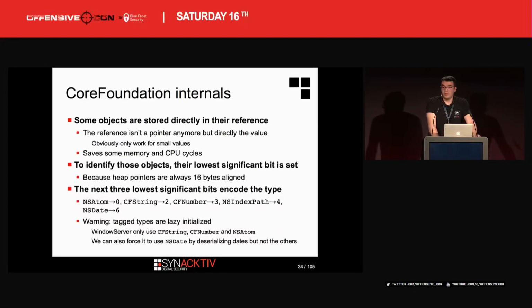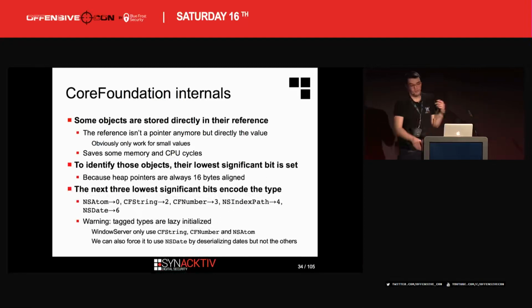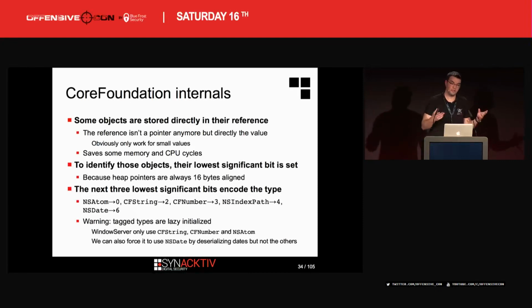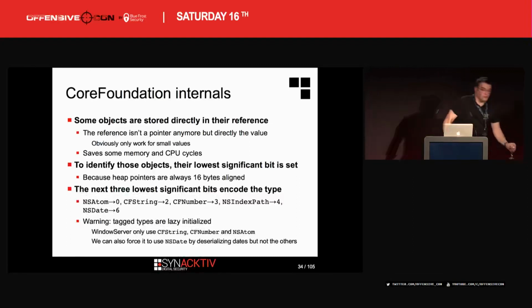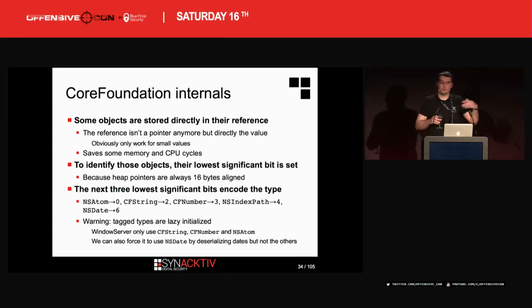You don't have all those 3 bits used today. There are only 5 different types that are supported right now. And you need to be careful when you use those pointers, because the tagged types, that's their name, are lazily initialized. That means that if you try to overwrite a pointer with a tagged pointer which uses a type that wasn't already used by the program, then the Core Foundation runtime won't know this type, and you will crash your program.